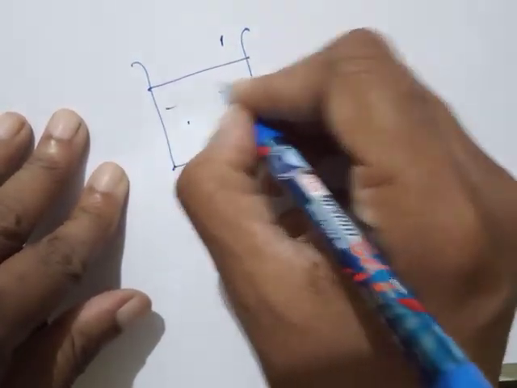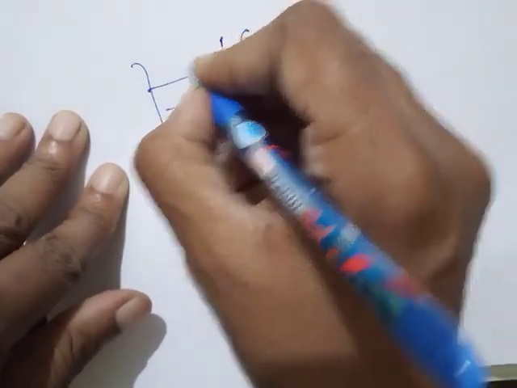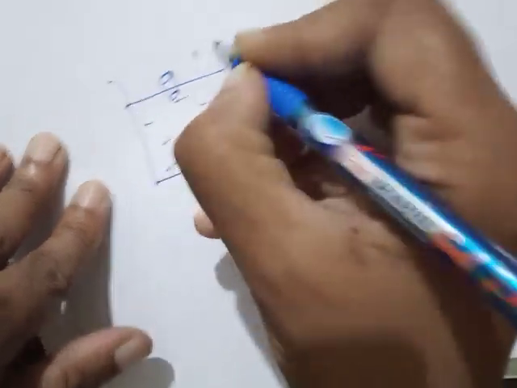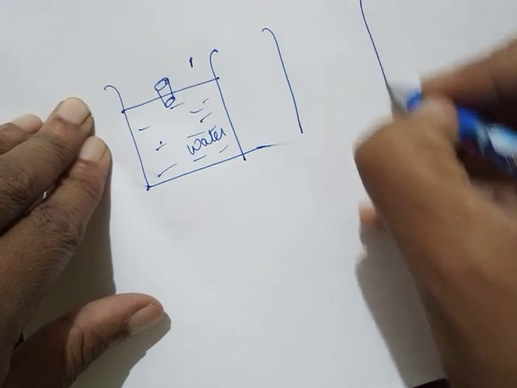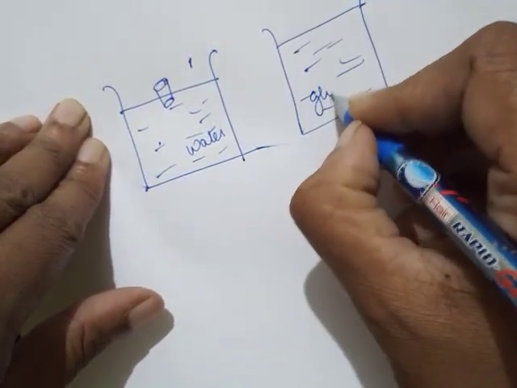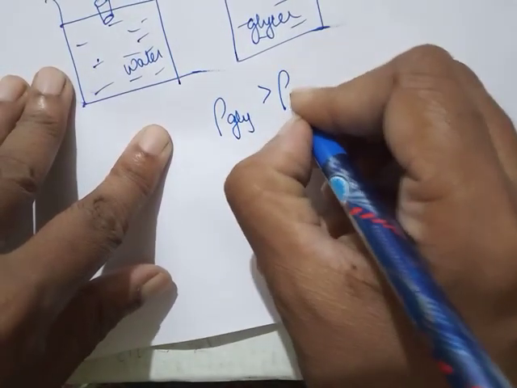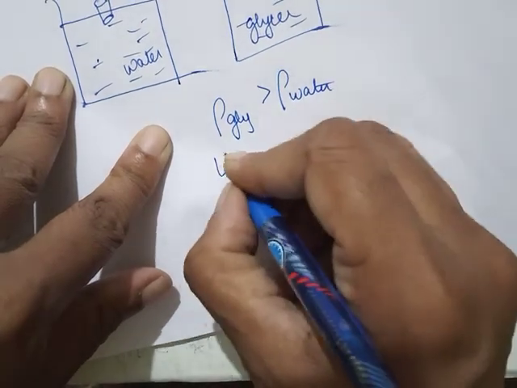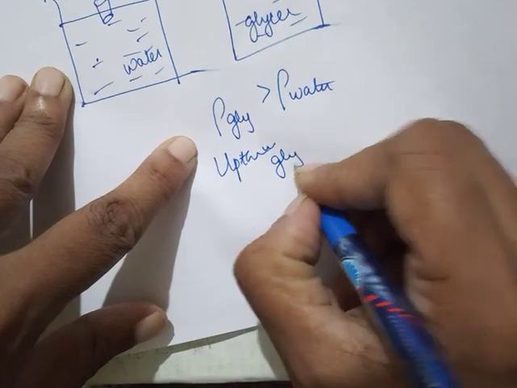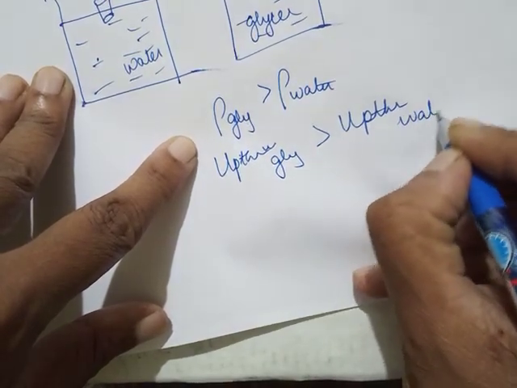Suppose this is water, and the cork is floating with this much portion inside. And the same cork, if I put it in glycerin, because the density of glycerin is greater than the density of water, the upthrust by glycerin will also be greater than the upthrust by water.